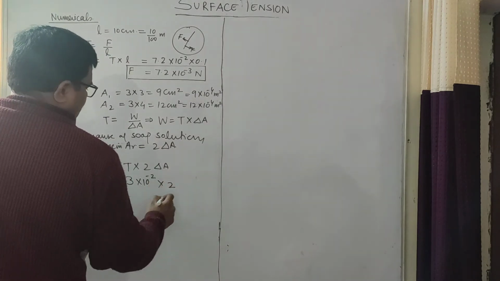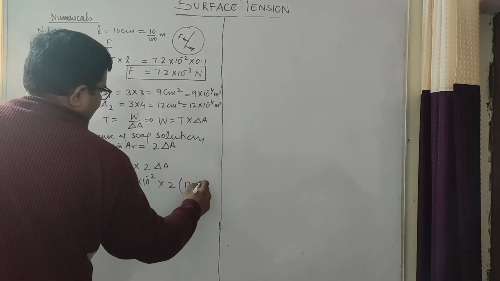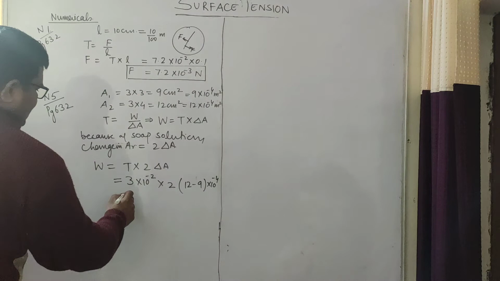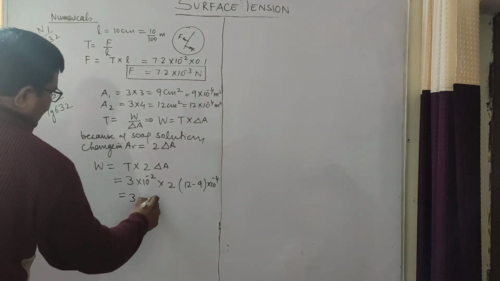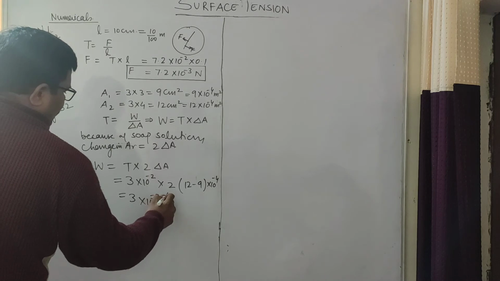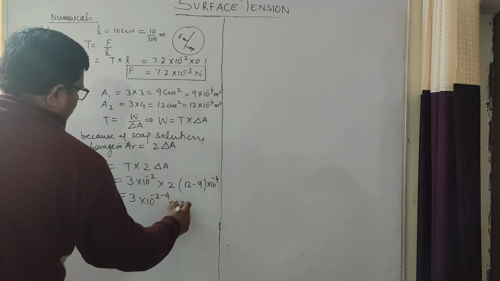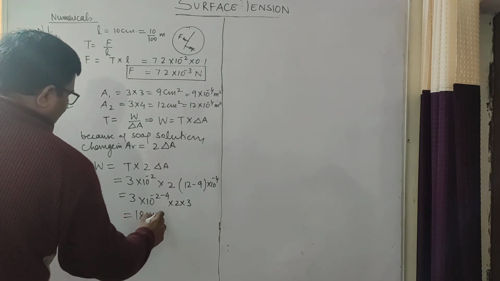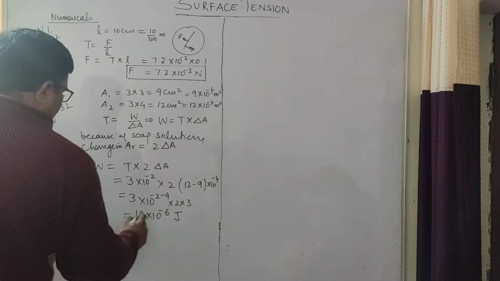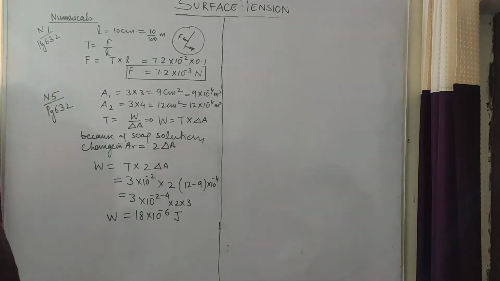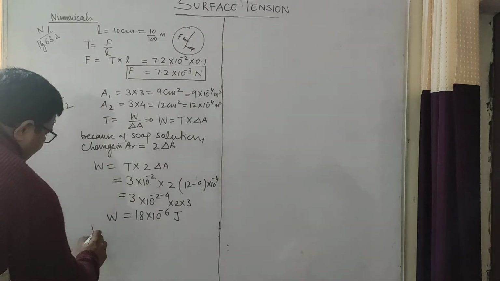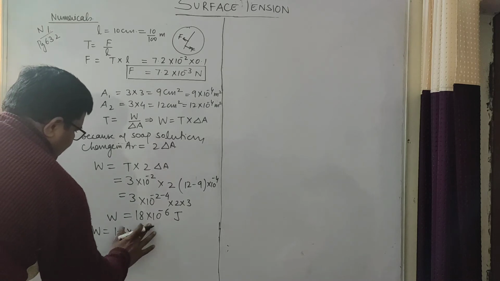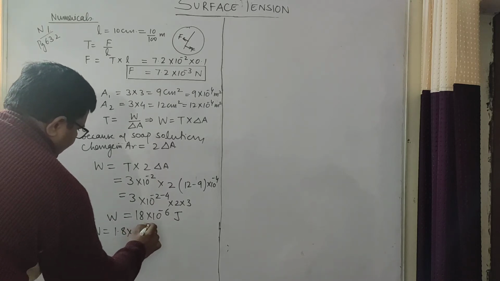into 2 into change in area, 12 minus 9 into 10 to the power minus 4. So this is 3 into 10 to the power minus 2 into 2 into 3 into 10 to the power minus 4. So 18 into 10 to the power minus 6 joule, or work done can be written as 1.8 into 10 to the power minus 5 joule.